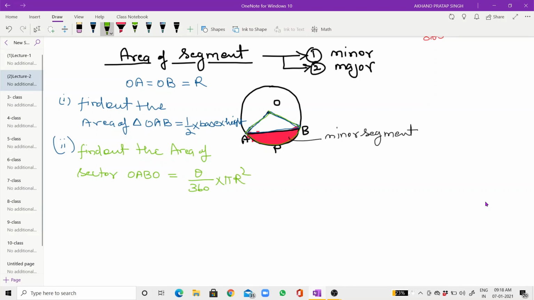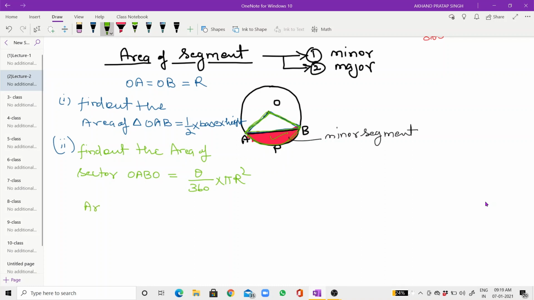Now, if you subtract this triangular area from the area of the sector, then you find this area, that is the minor segment.